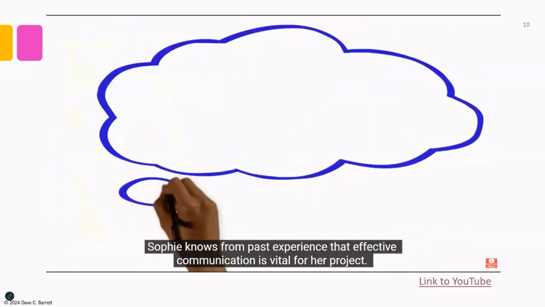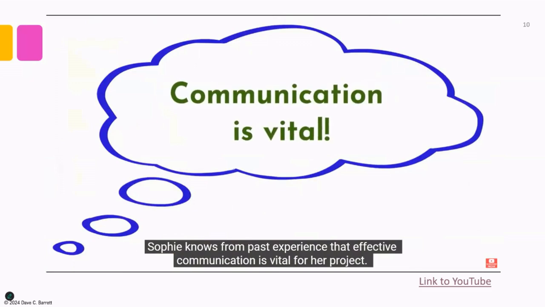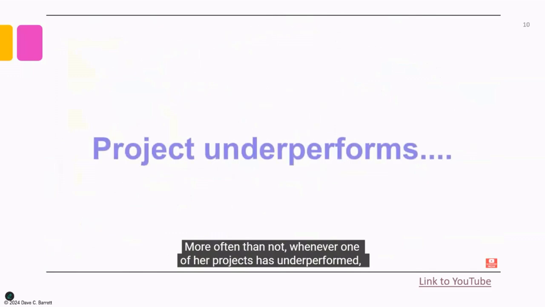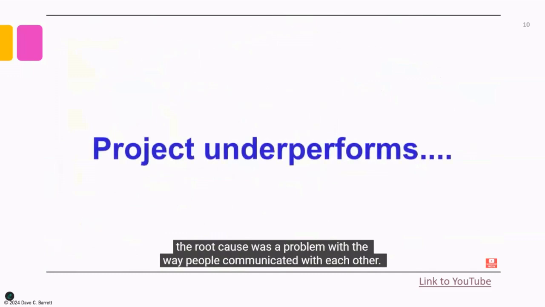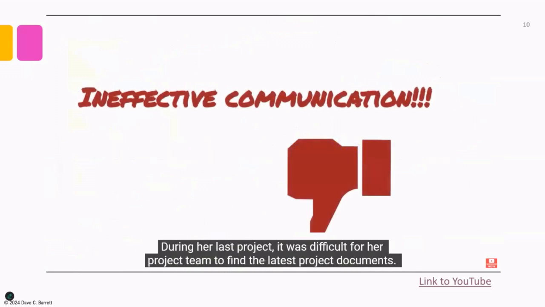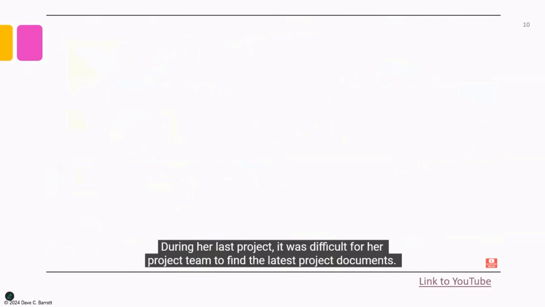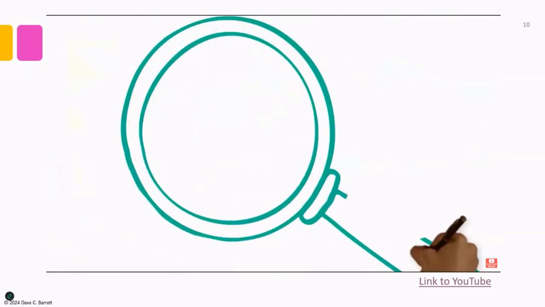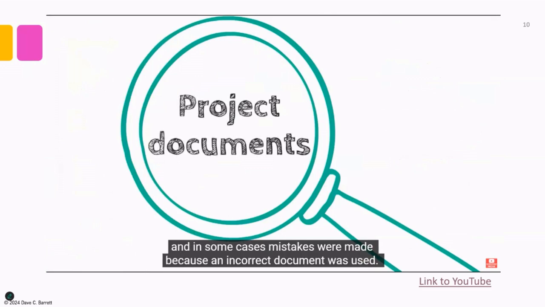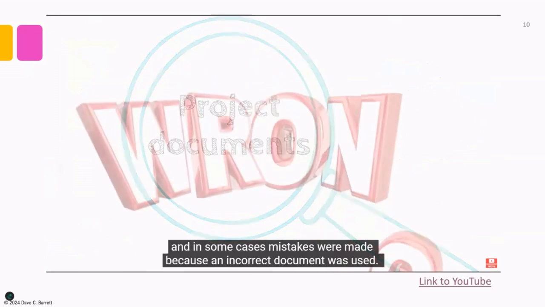Sophie knows from past experience that effective communication is vital for her project. More often than not, whenever one of her projects has underperformed, the root cause was a problem with the way people communicated with each other. During her last project, it was difficult for her project team to find the latest project documents. A great deal of time and effort was spent figuring out where documents were stored, and in some cases mistakes were made because an incorrect document was used.